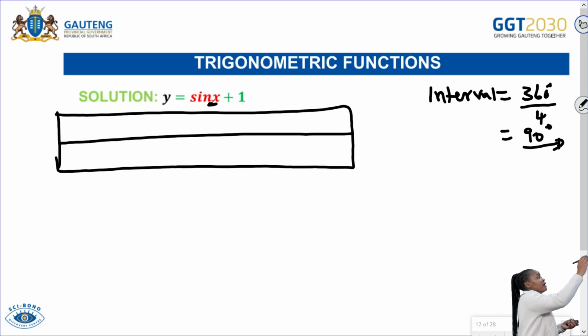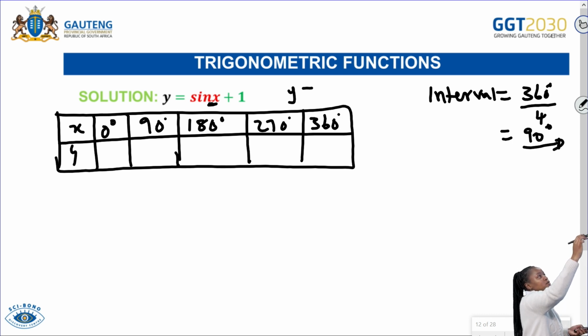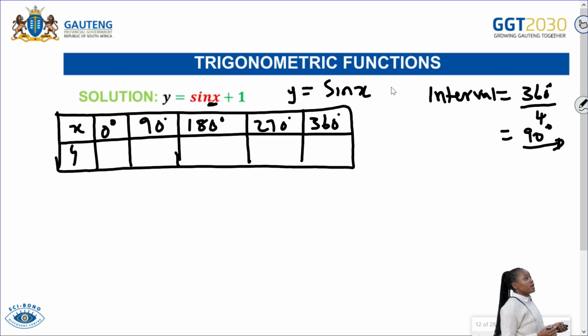Okay, so I have my x, I have my y. We start at 0 degrees. We have been restricted to start from 0 degrees. So it's 90 degrees, then 180, 270, then 360. This is the graph of y = sin x. Ne? Okay, so if I substitute my 0 here, I'll get 0.